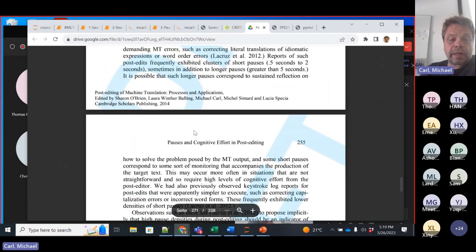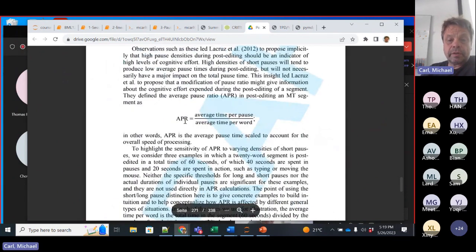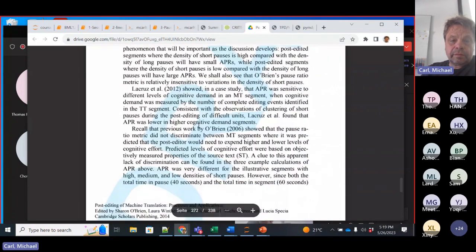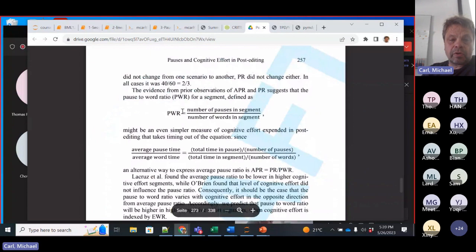Then we have an average time per pause, divided by an average time per word. And then she has this pause to word ratio: number of pauses in a segment divided by the number of words in a segment.